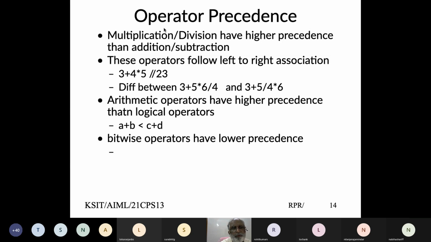These computations are performed left to right with their precedences, and that's where the answer comes from. Can somebody tell me what the answer would be for 3 plus 5 star 6 by 4 and 3 plus 5 by 4 star 6? Let me first get the answer for 5 star 6 by 4 versus 5 star 4 by 6.